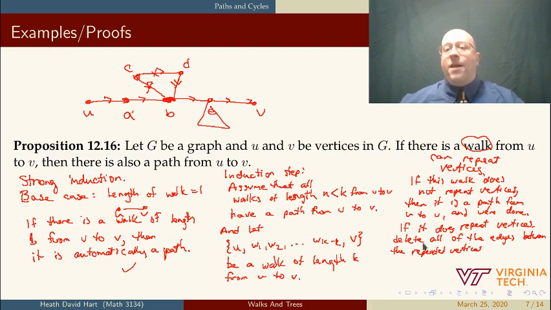But it's now a walk whose length is less than K. And by the strong induction assumption, there is a path from U to V.